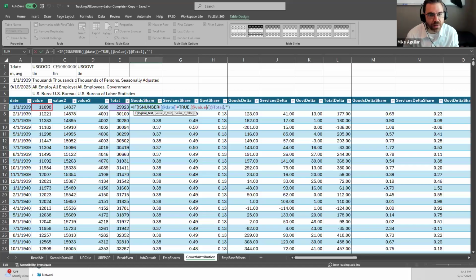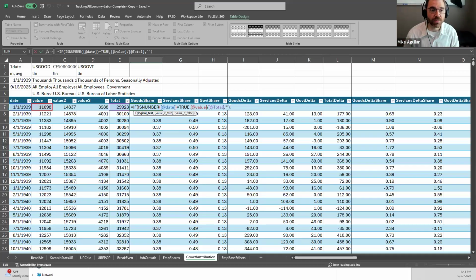You notice over here, it's at value divided by at total. Where are those things coming from? Well, row 7 is highlighted. The at is indicating the column. And if you take a look, this one's called value. This one we labeled, we typed that in, total. Again, IF ISNUMBER on the date. So if there's a trouble with date, then skip over the calculation and give me air quotes.